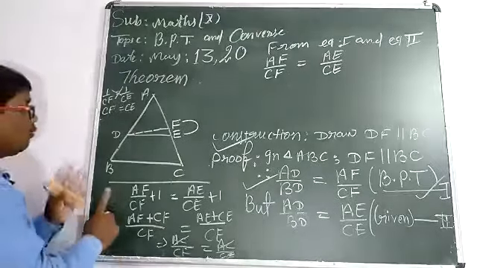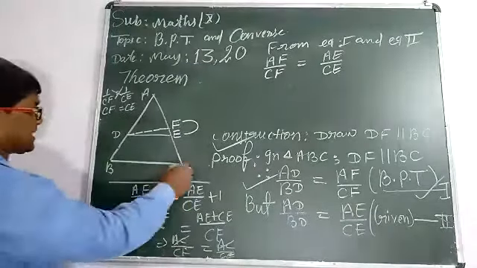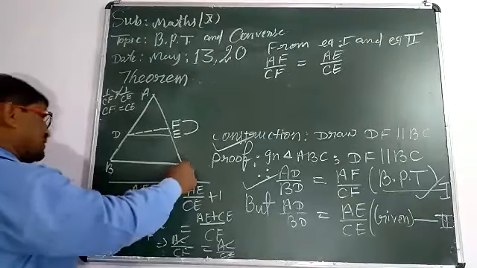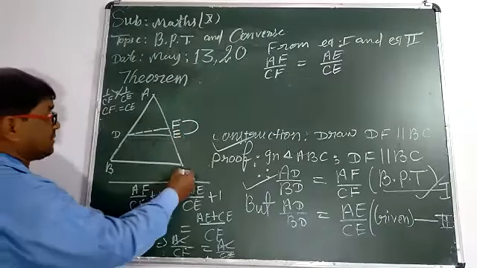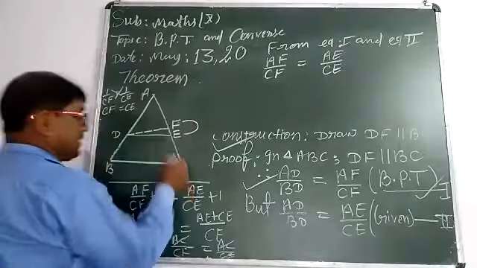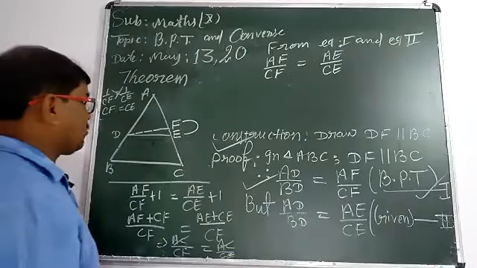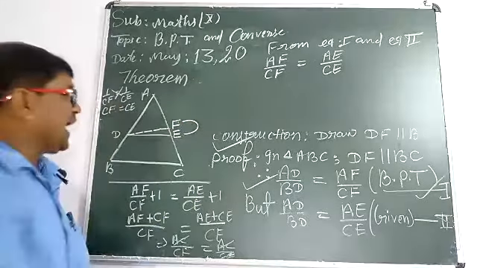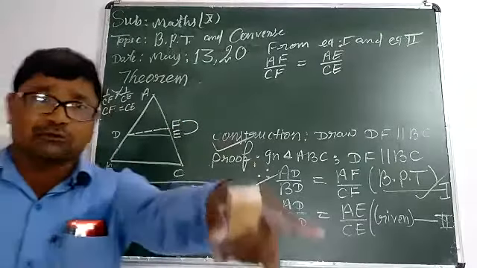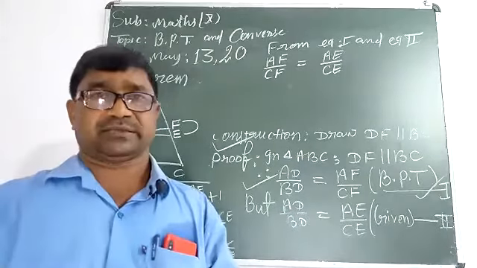In this way, we can say CF and CE: the distance between C and F and the distance between C and E are both equal. It means they coincide, they are situated in the same place.